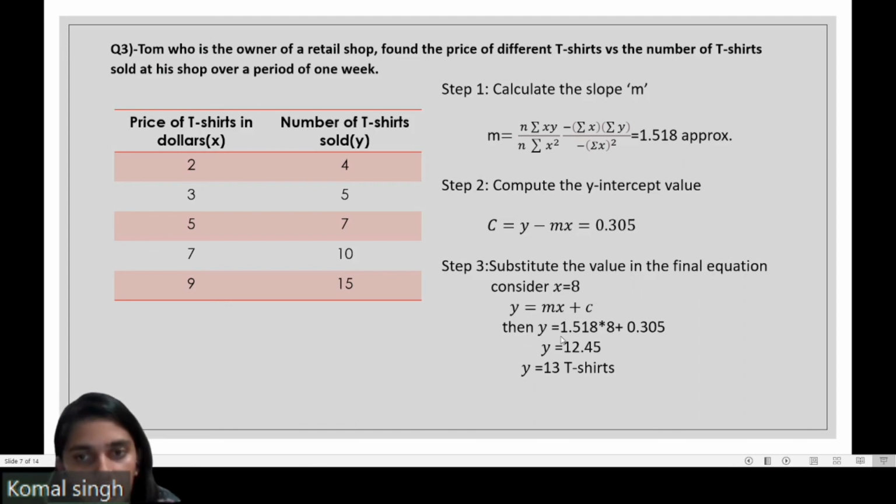Then y = m, the value of m is 1.518, into 8. Sorry, 8 is the independent value, plus 0.305, which we found here, and the equation goes like this: 12.45. We definitely know that the number of t-shirts should not come out like this, so approximately this is 13 t-shirts.